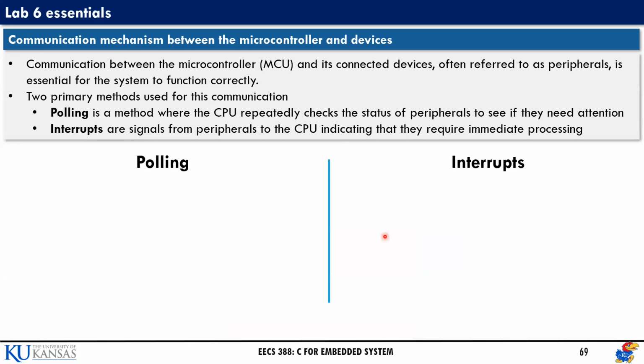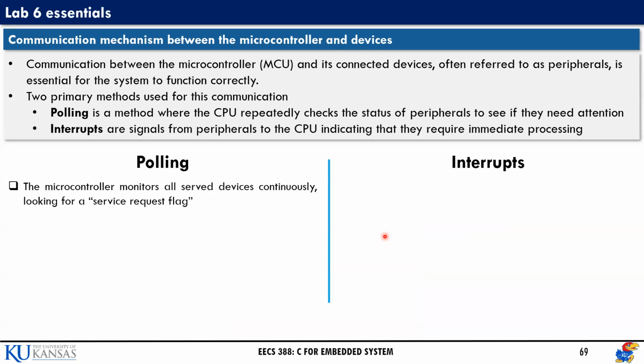If I want to revisit the concepts of polling and interrupts, polling is a concept where the microcontroller continuously monitors all the peripheral devices, looking for a service request flag. On the other hand, with interrupts the CPU remains idle, and if a peripheral needs any attention, it informs the CPU, and the CPU then goes and helps that device.